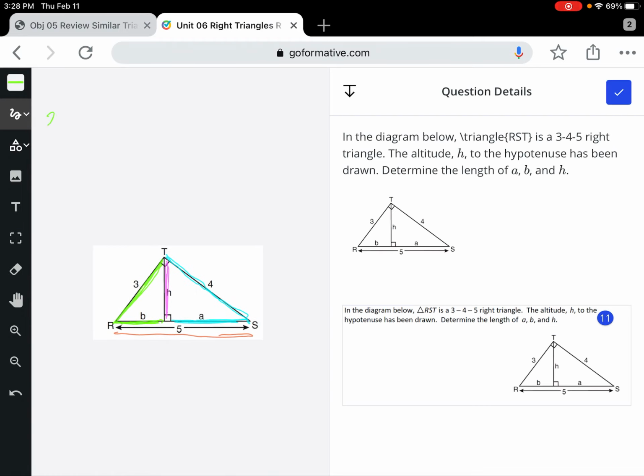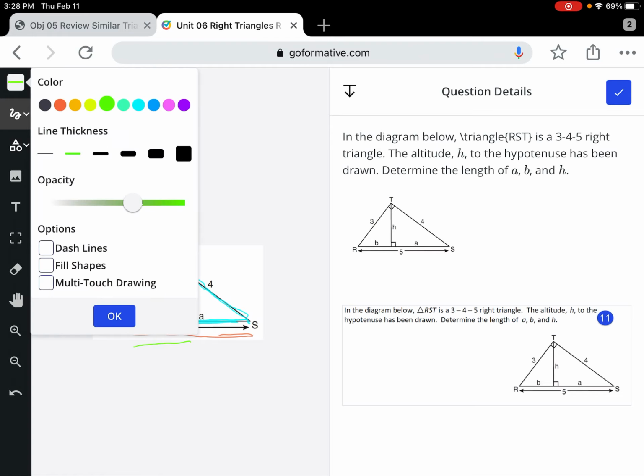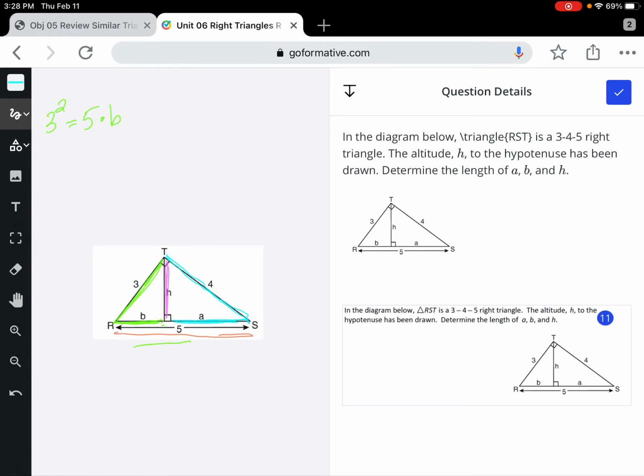So it doesn't matter which one you solve for first. I'm going to go with this one. So things that I know: 3 squared is equal to 5 times b, part times whole. Hypotenuse over leg equals hypotenuse over leg, and you can cross multiply. It's the same thing as the proportion. My next one that I could solve, I also know 4 squared is equal to 5 times a.